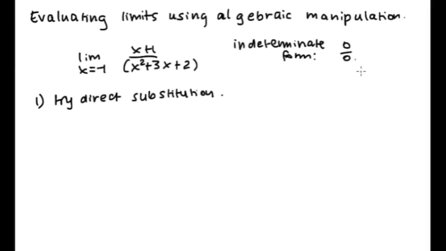There are other types of indeterminate forms that I'll get into much later, once we do L'Hopital's rule. You just need to know that 0 over 0 is a possible type of indeterminate form.